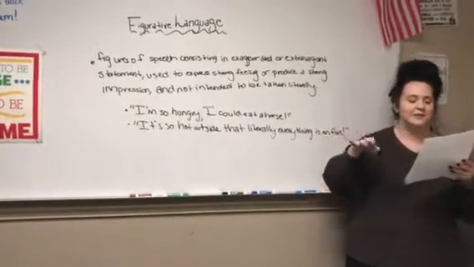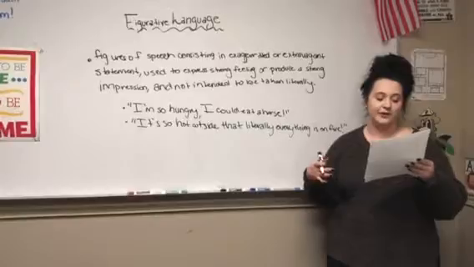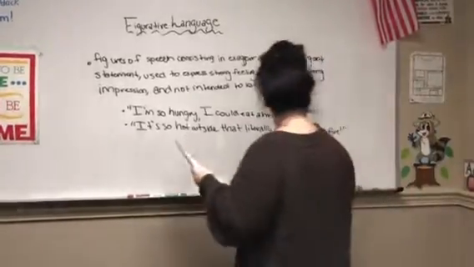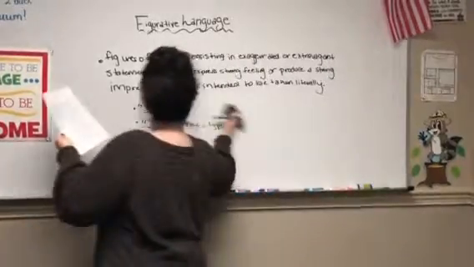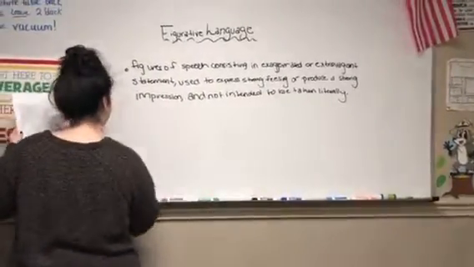The other, possibly even more confusing form of figurative language is that of paradoxes. And I'm just going to erase this really quickly so that you guys can jot this definition down as well.